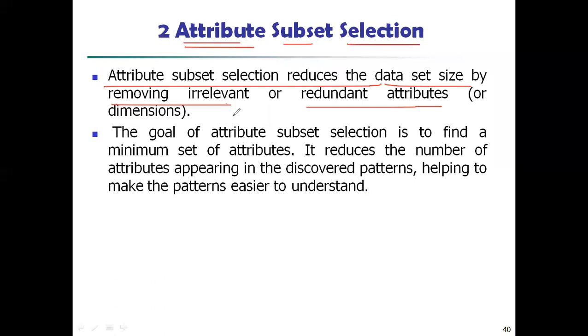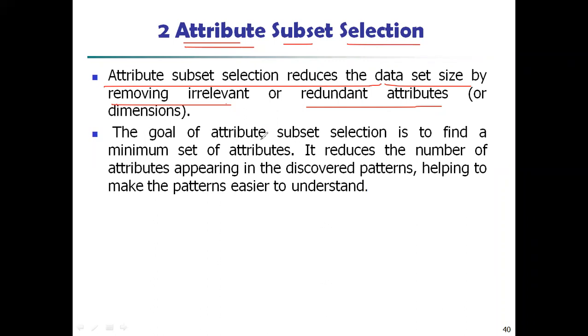What is our concept? Data reduction. How are you going to reduce the data from a table? By choosing. How are you going to reduce the attributes from the table? Just by selecting a few attributes from the set of attributes.